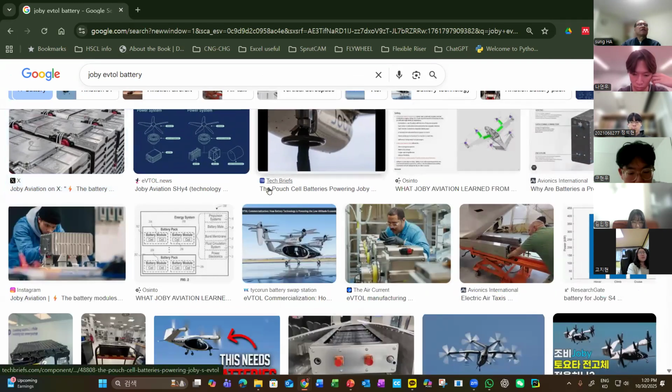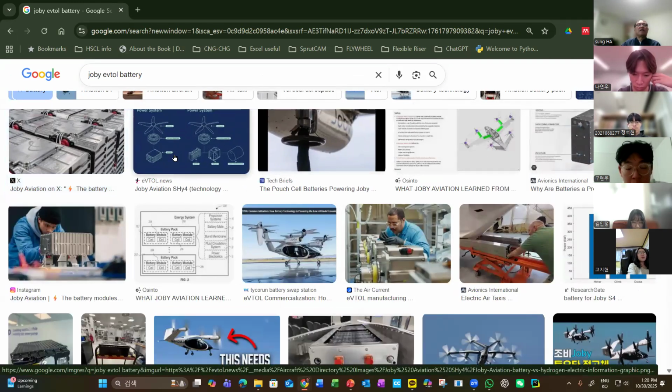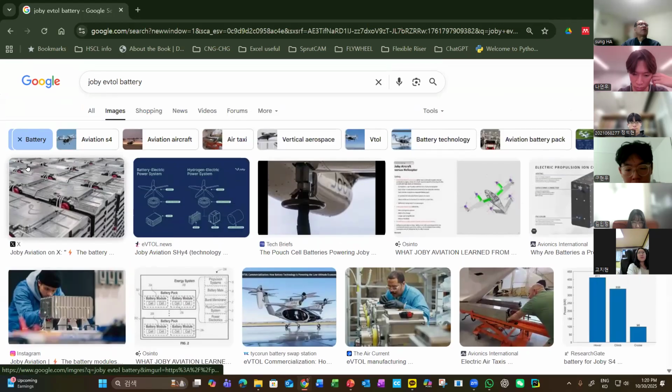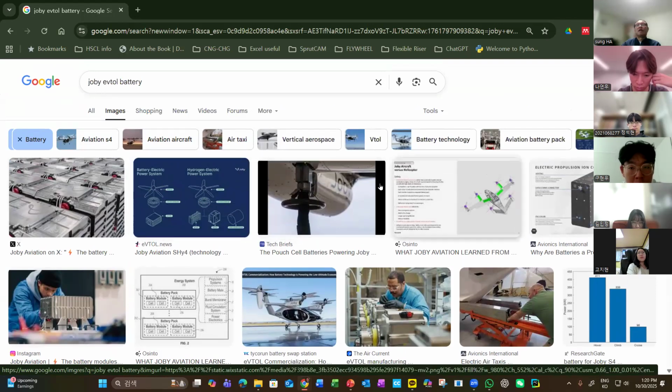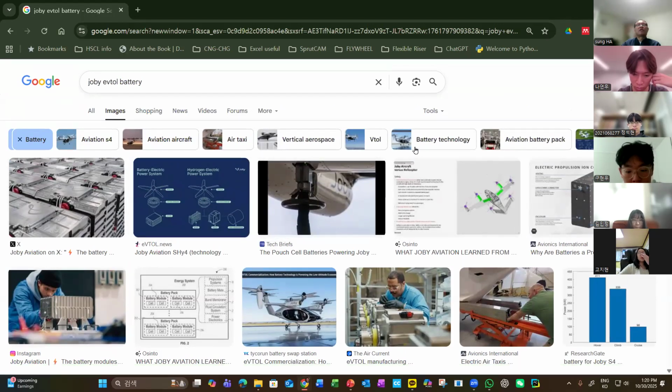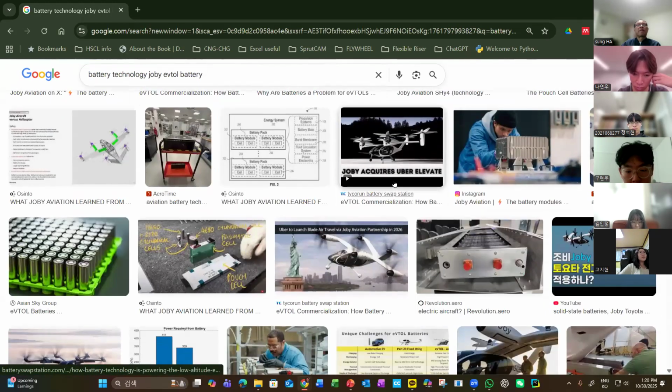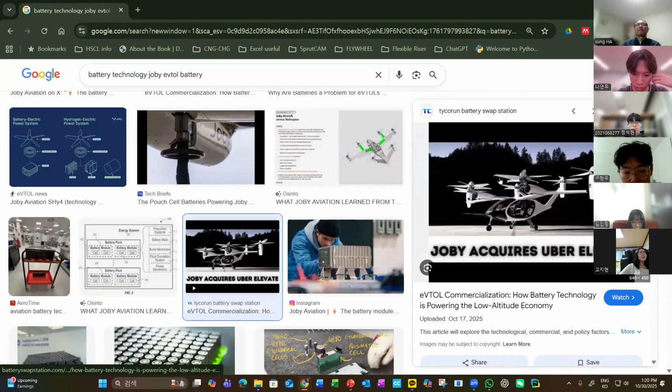The main reason why they use the battery, not regular fuel, is that it is operated by all motors. One, two, three, four, five, six, all motors.